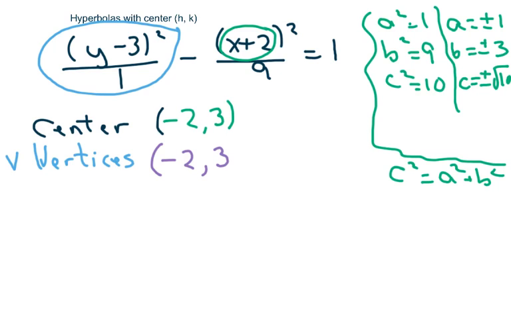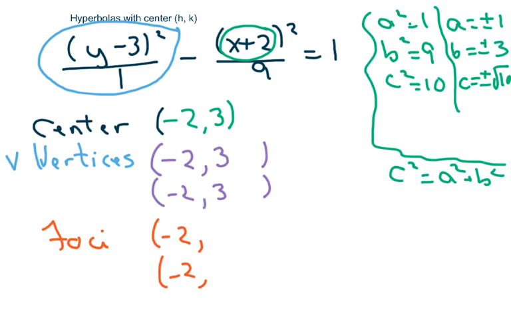So I'm going to add to my y. And negative 2, comma 3. Same with my foci. My foci, I'm not changing my x. So I copy my x down, but I'm going to add and subtract to my y.